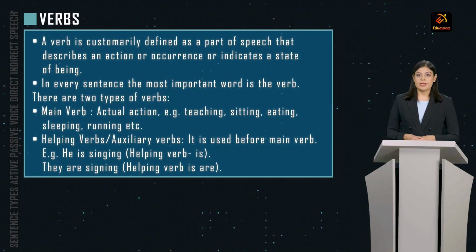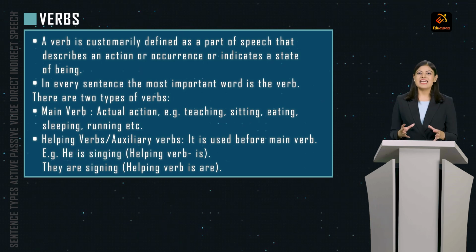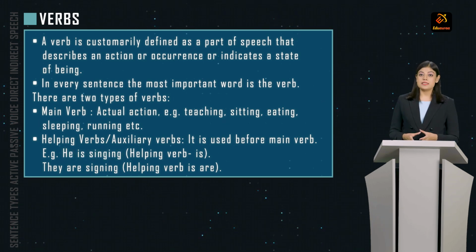These are called main verbs. Helping verbs are the words that you put before your main verb in order to show the tense or the plurality. For example, if I say, he is singing. Singing is the actual action in the sentence.